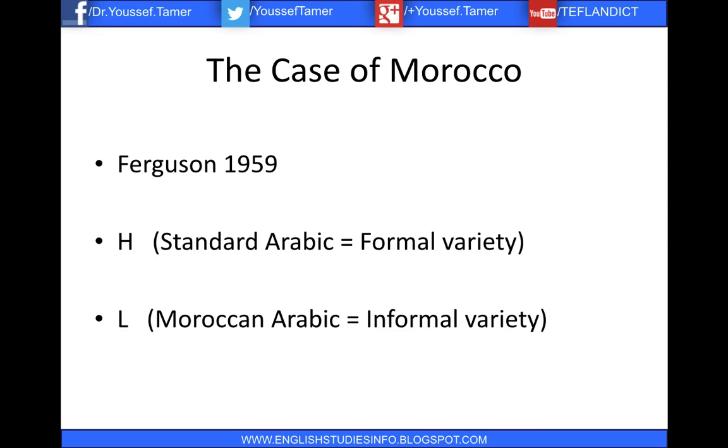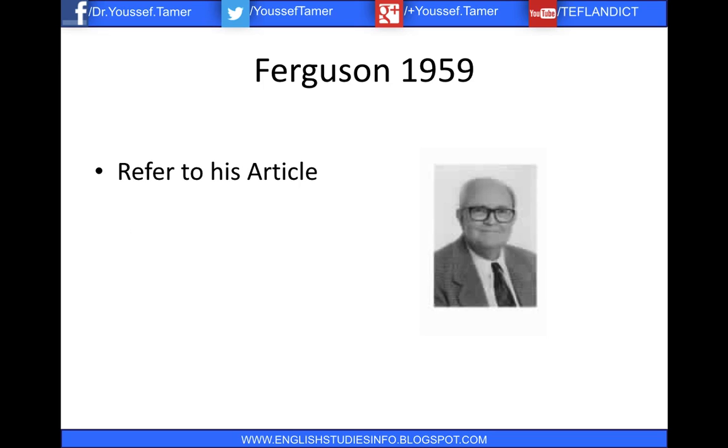That's diglossia in relation to our Moroccan context. And this is the guy. Next lecture, inshallah, we will study his article, because there are many things we have to talk about in differentiating between the high variety and the low variety. Thank you.